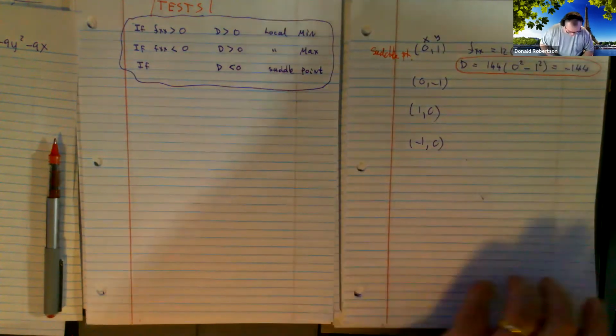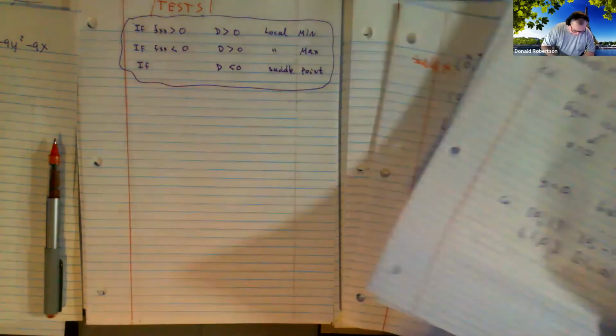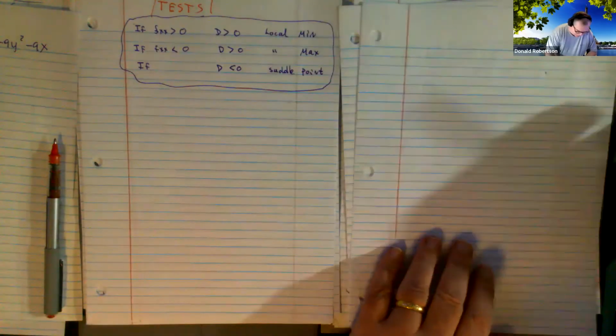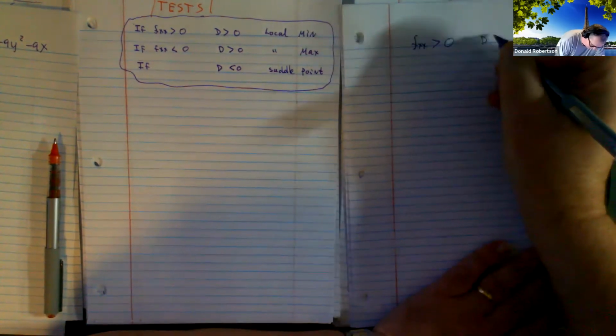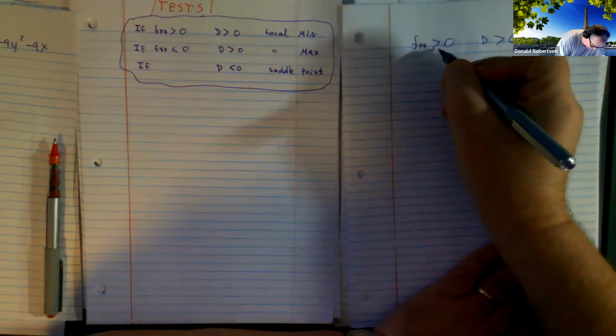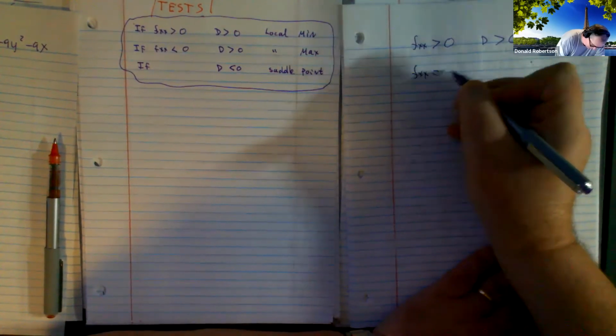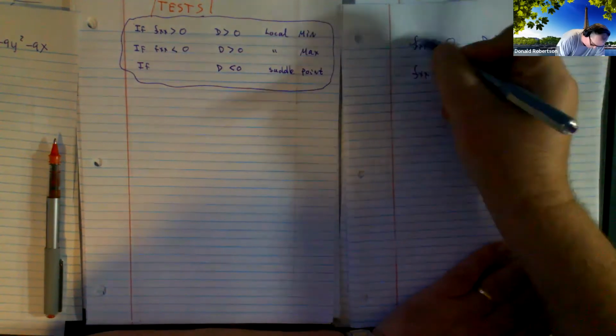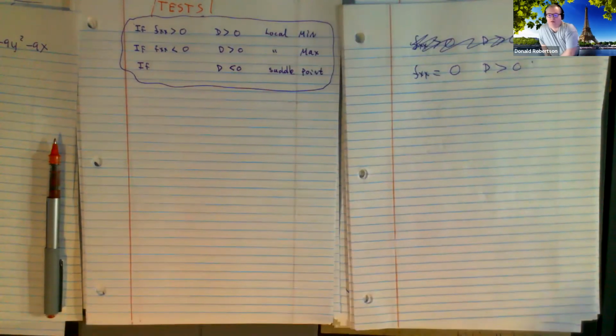Side issue, because I just thought of it. I'm pretty sure it won't happen because it would make writing down your answers quite difficult. But can you imagine a situation where this did happen? What conclusion would you be able to make, if any, if the second derivative with respect to x was 0 and D was also greater than 0 at that point?